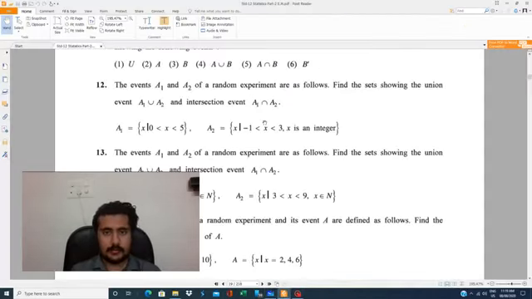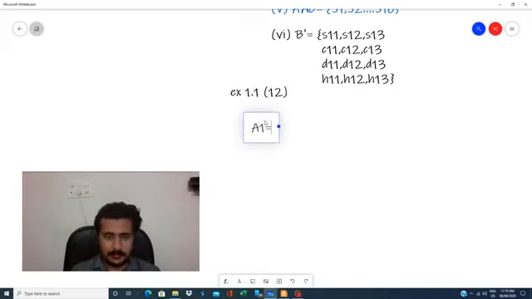So what A1 is: x belongs to, 0 less than x less than 5.